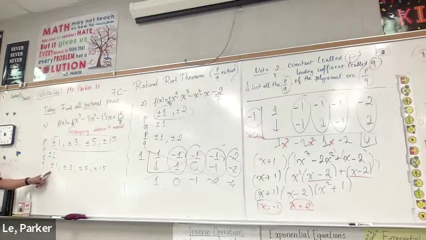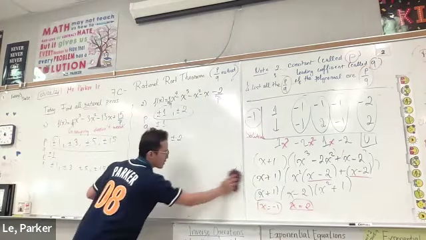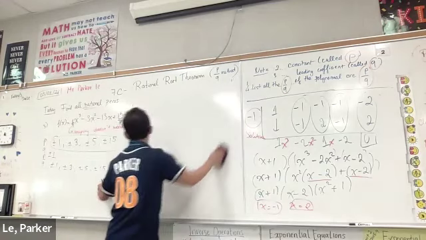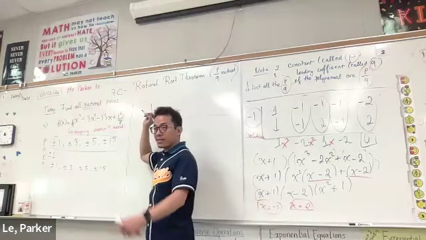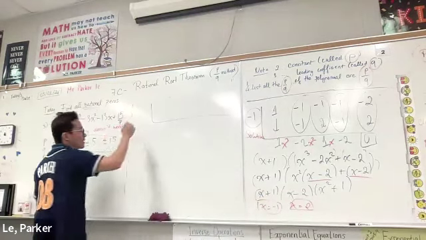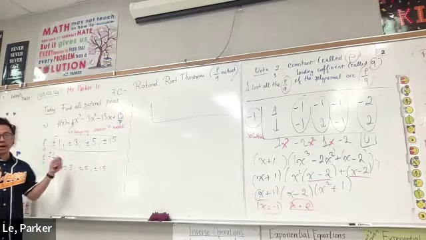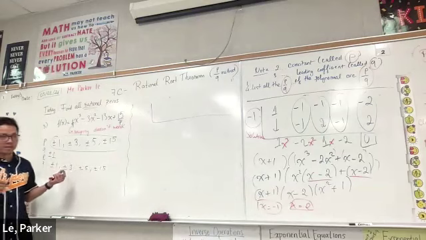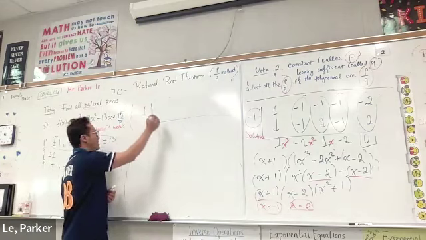But you don't need to check all 8. Usually only one works, or maybe 2. My recommendation is to start with 1, -1, 2, -2. Don't jump around. Usually the first few give you the solution.